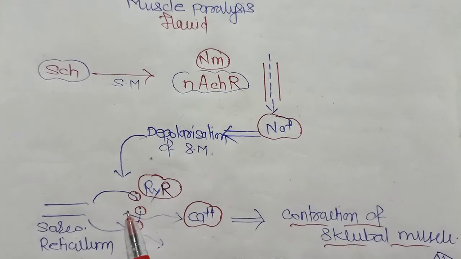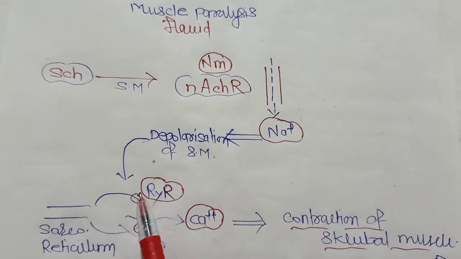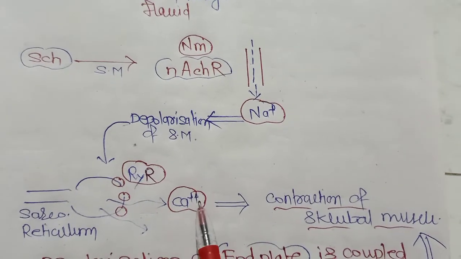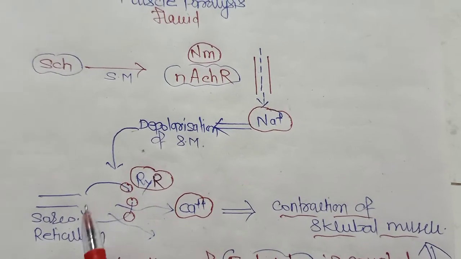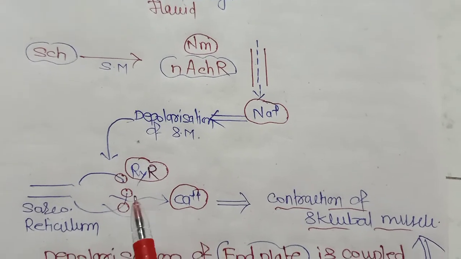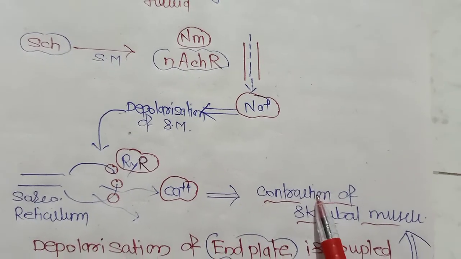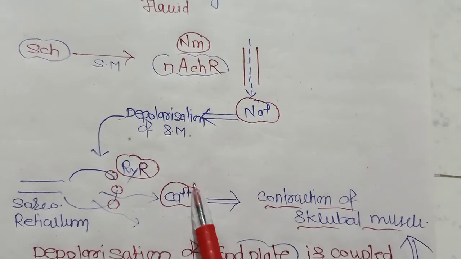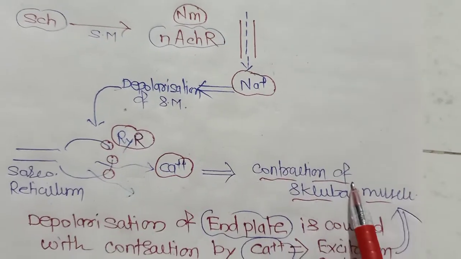Because of this activation of the ryanodine receptor, there is a release of calcium from the sarcoplasmic reticulum, and this calcium is responsible for the contraction of the skeletal muscle.